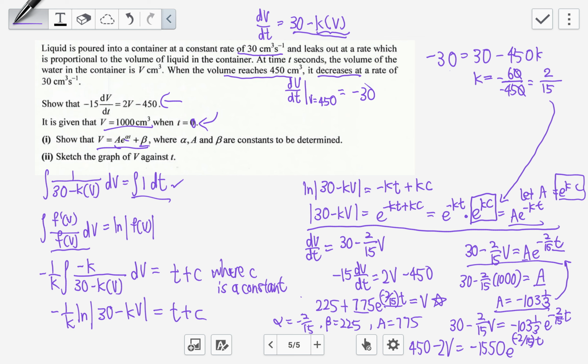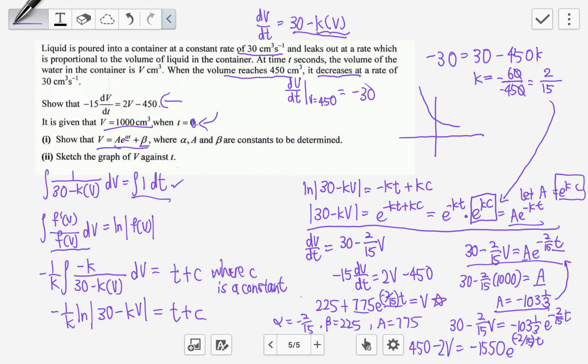You could set it to x, okay, so it would be a graph that is like this. If you plot in the calculator, it will give you a graph in this shape.